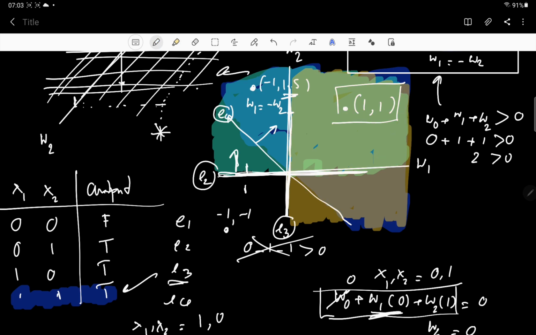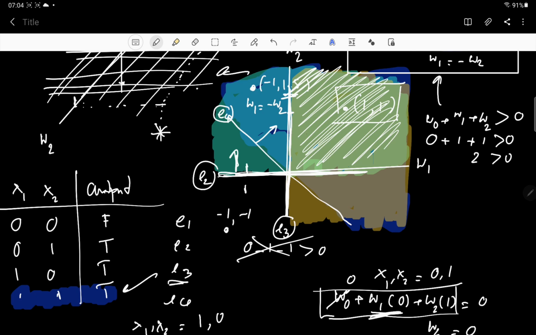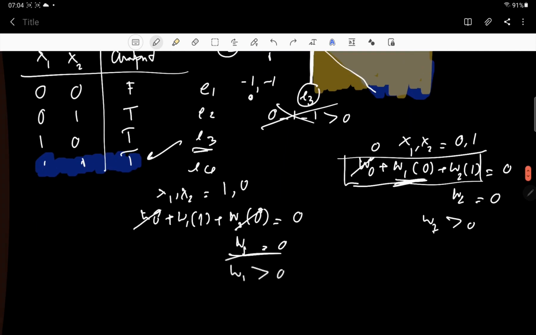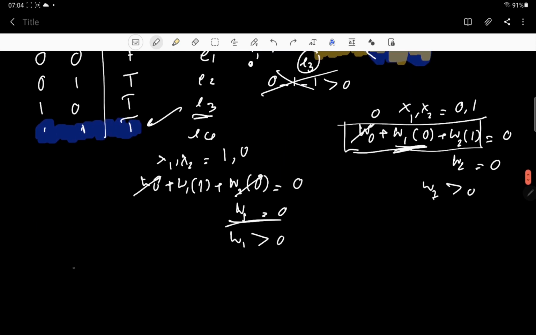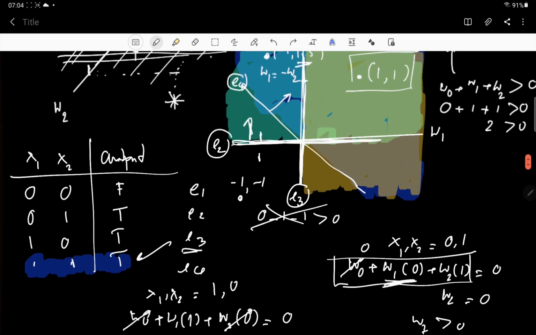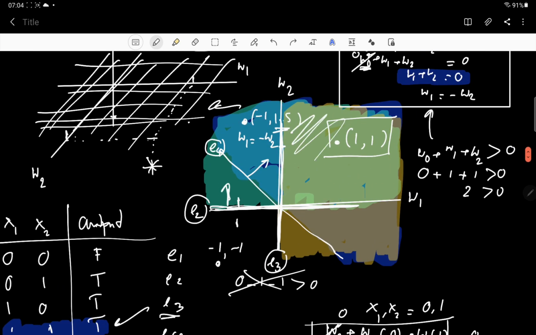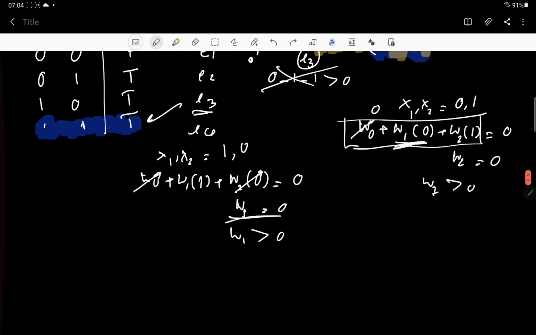Okay, so guys, everything in this overlapped area can be used to classify E2, 3, and 4. Okay, so you can use every point here in this part to classify all of them, E2, 3, and 4.